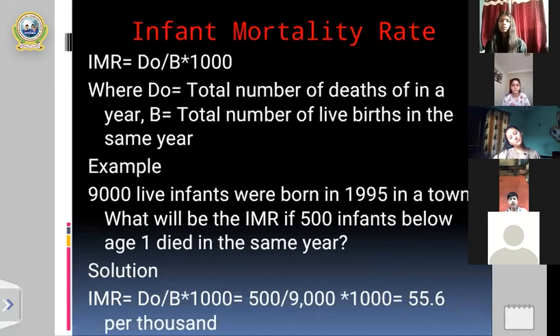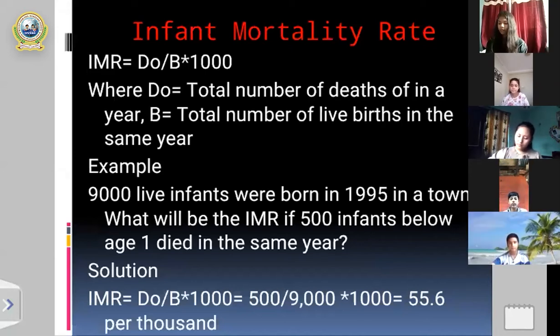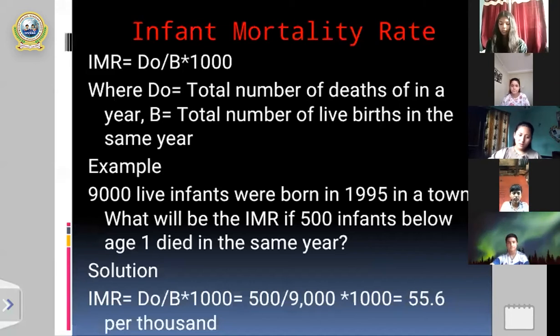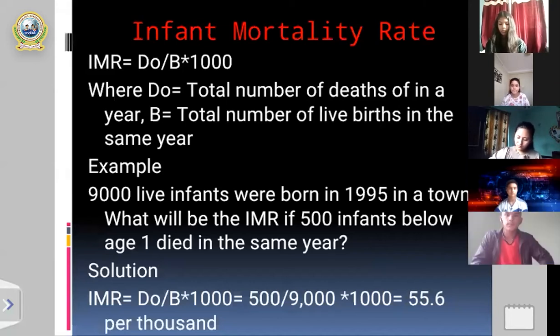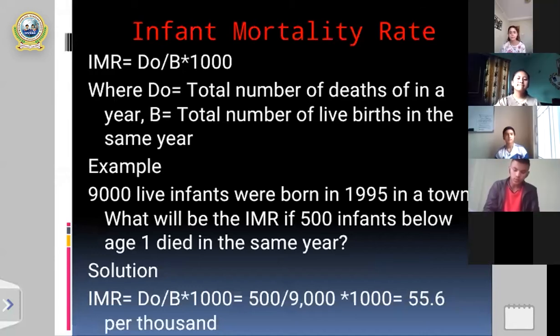What will the IMR be if 1,000 infants below age 1 died in the same year? Like that. So from the formula, we can easily calculate, because in the formula we just have to put the data which will be given in the question paper. Okay, so this is about the infant mortality rate, right?